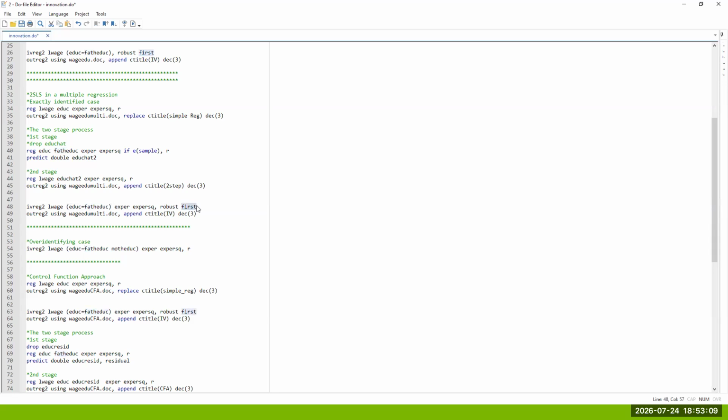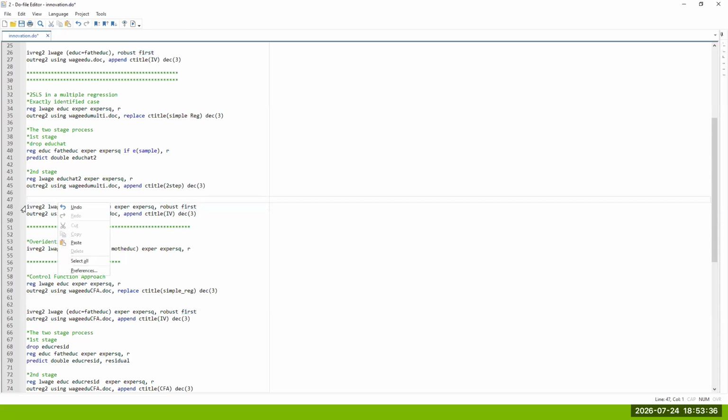This first here resolves the problem for you because your first stage, where you predicted the influence of a father's education on education, you need to know that coefficient and then you report that in your table for publication. I'll probably show you how you report that. So this first gives you all that.